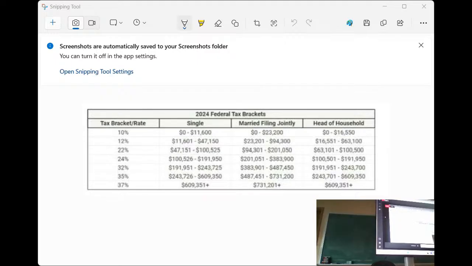I got 5,014. Yeah. Okay. Then after that, I think everything matches up.